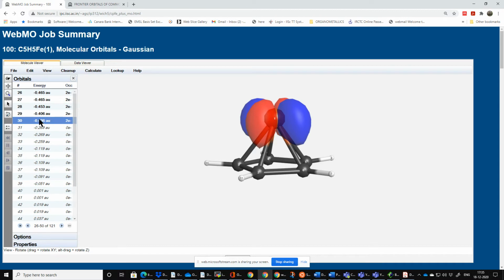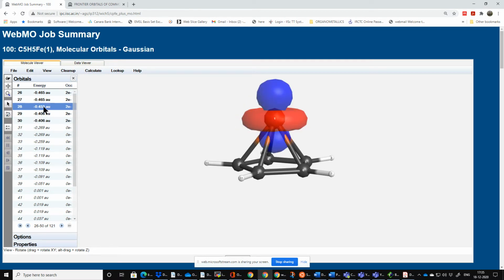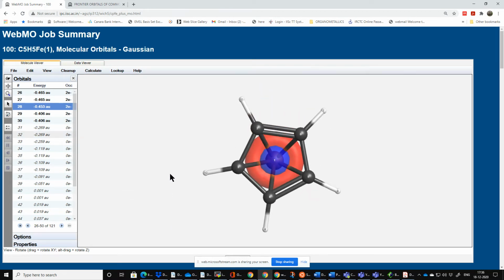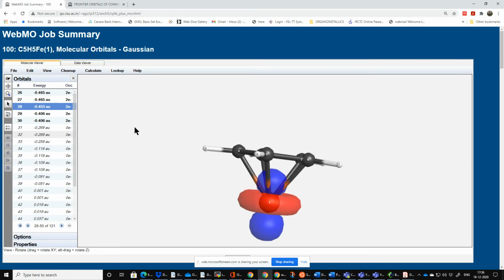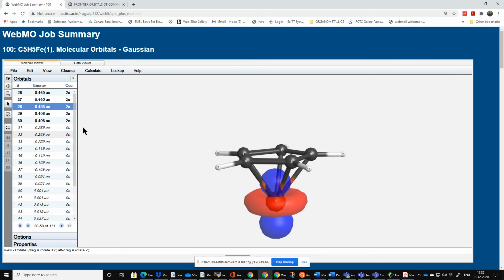This is again the two degenerate set of orbitals which you saw, and the HOMO minus 2 is the totally symmetric orbital. So what we have done is we have just removed the Cp ring, and you find that the filled orbitals available are pretty much the same.